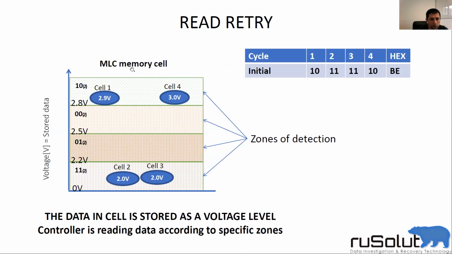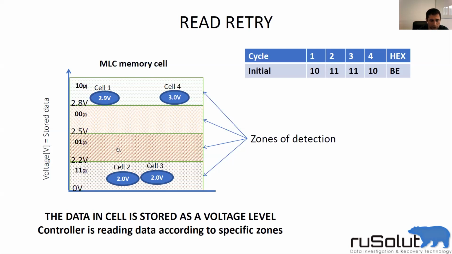Here we can see one memory cell. And how does a memory cell keep data? There are several thresholds, and each threshold means some data. For example, if a memory cell has 2 volts, that means it has 1 data.